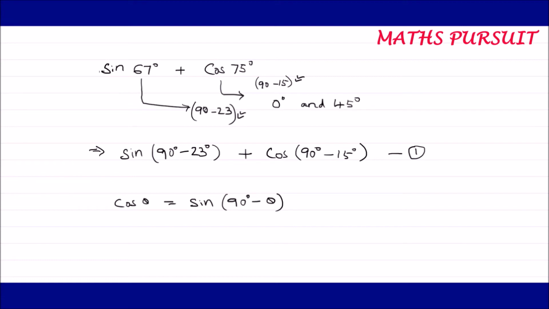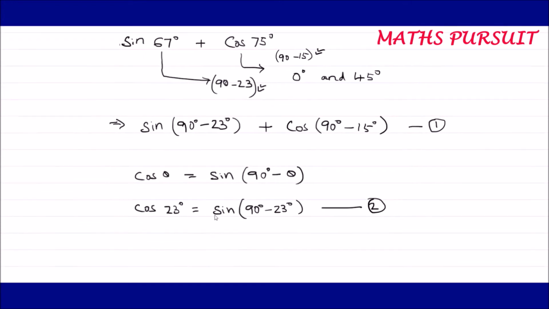So if I replace theta with 23 degree, then I can write cos 23 degree is equal to sine 90 degree minus 23 degree. Let it be equation number 2.